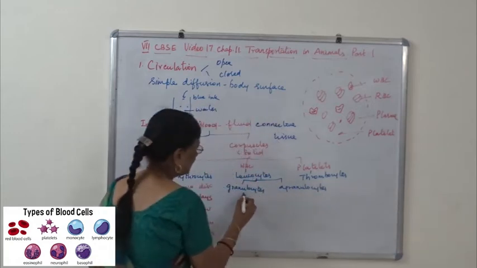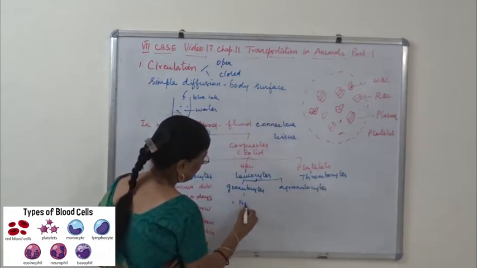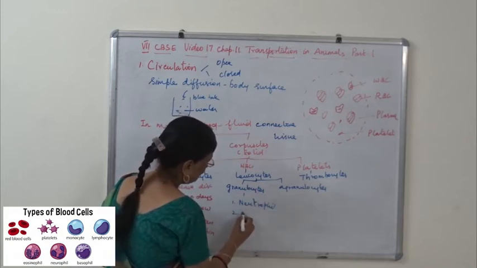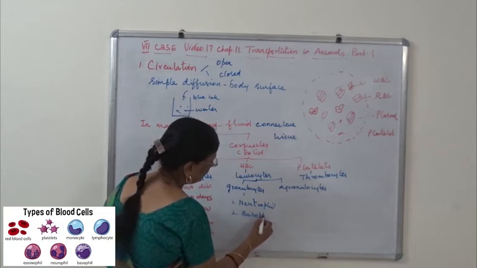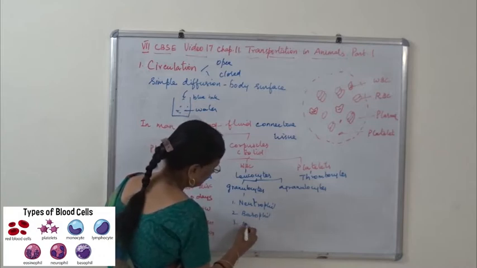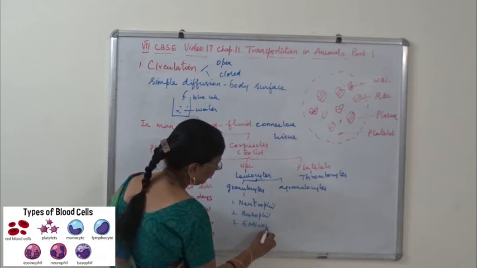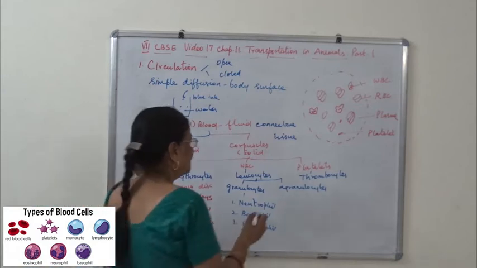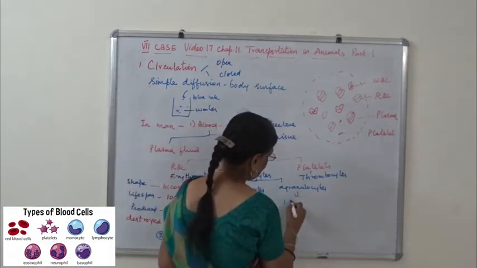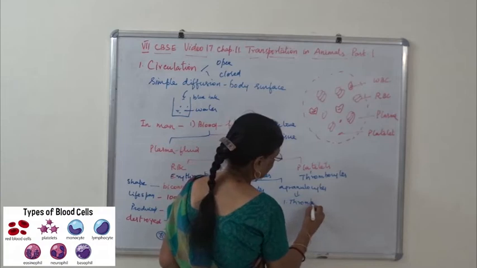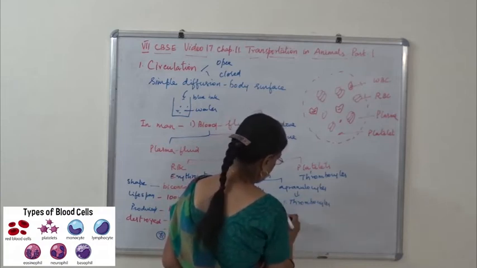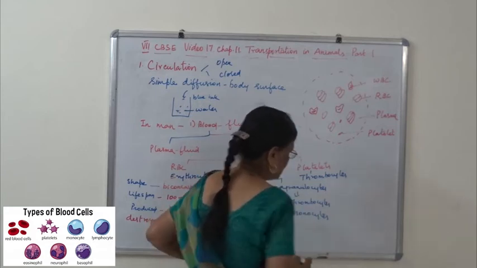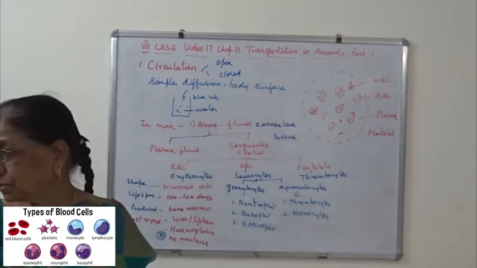Granulocytes are formed of neutrophil, basophil and eosinophil, whereas agranulocytes are formed of thrombocytes and monocytes.